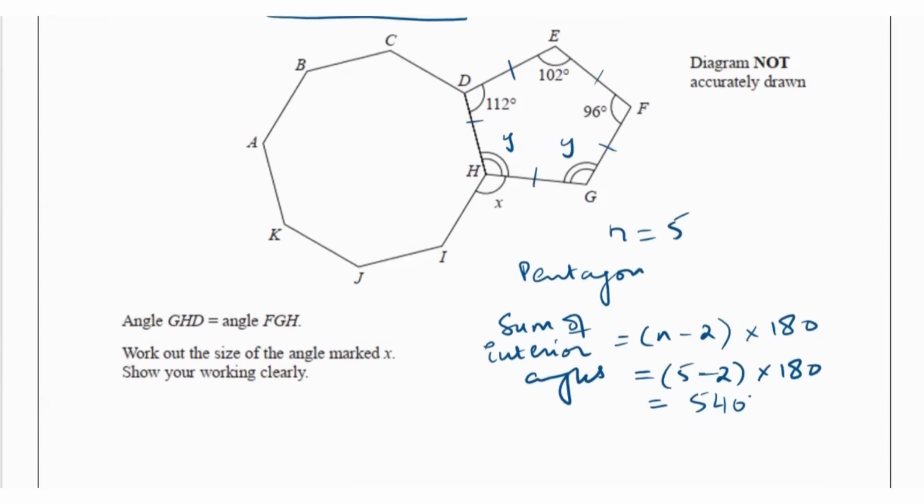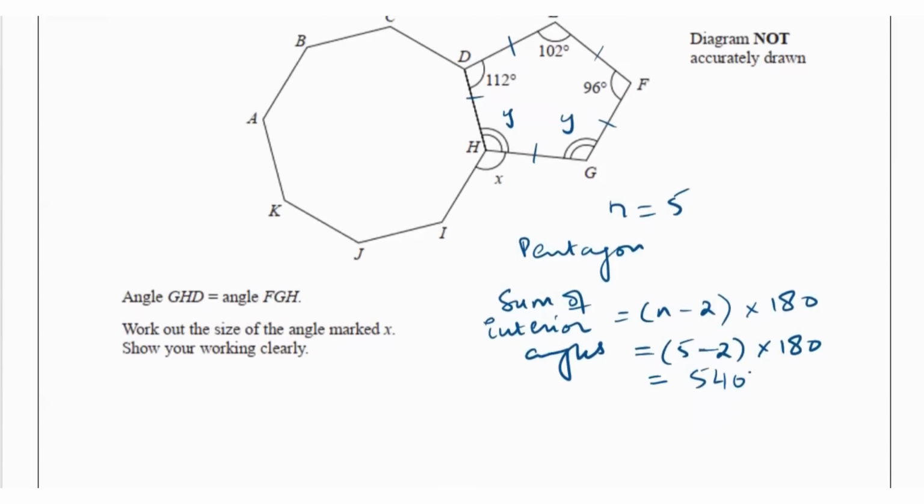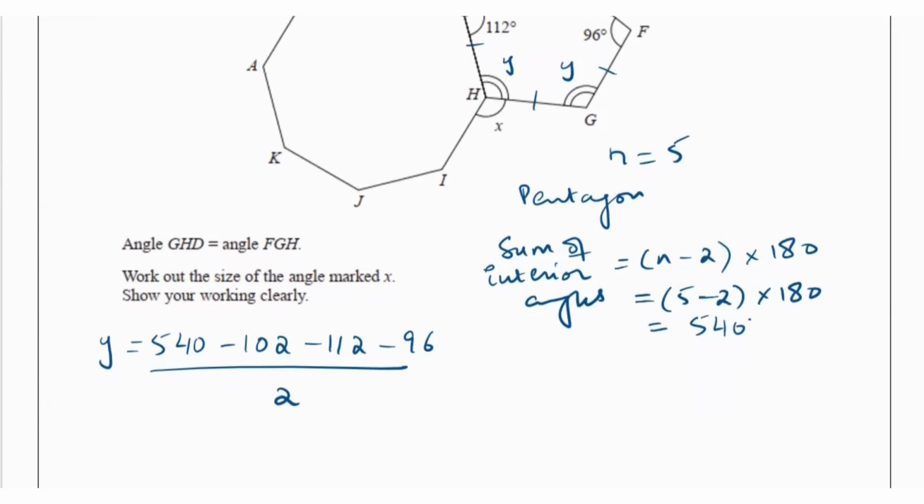Now, we can subtract these three angles to find the value of y. So y is going to be 540 minus 102 minus 112 minus 96 and then divided by 2. The reason why we're dividing by 2 is because there are two y's. So to find the value of y, we divide the difference by 2.